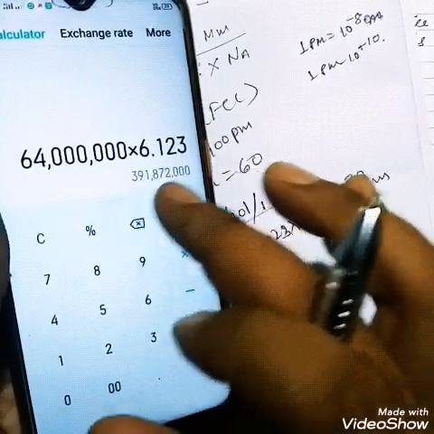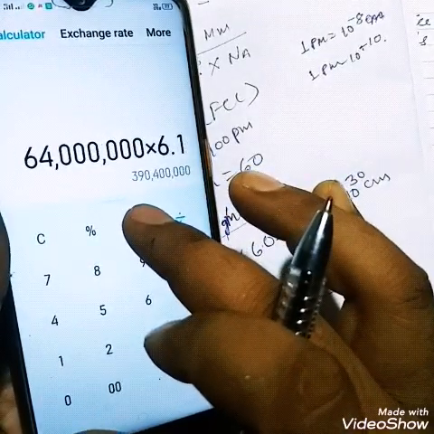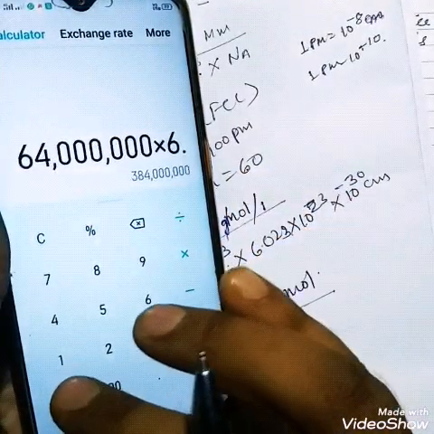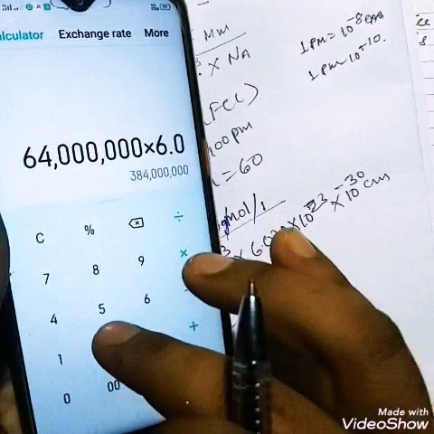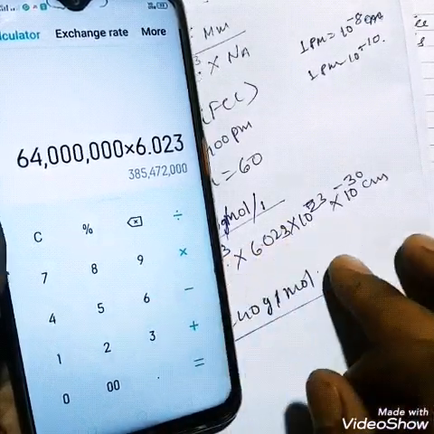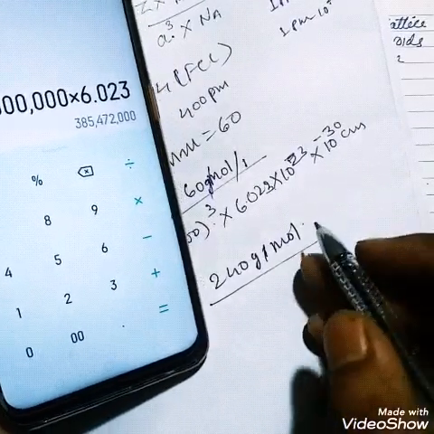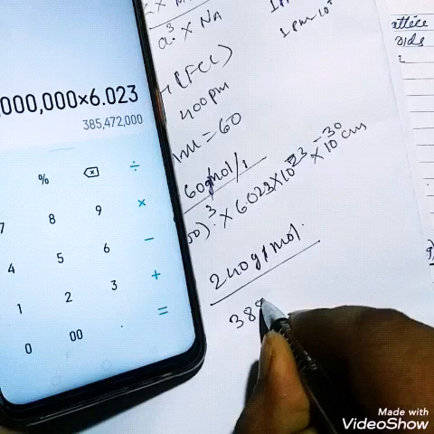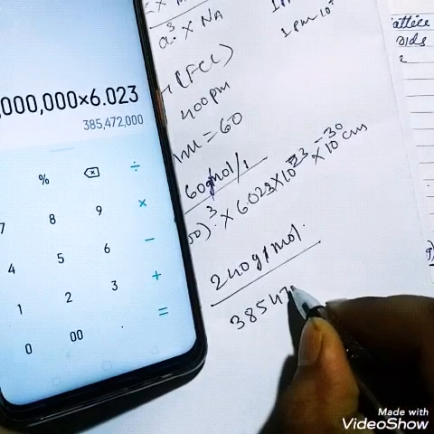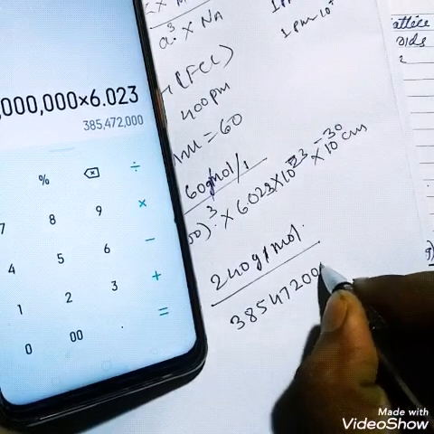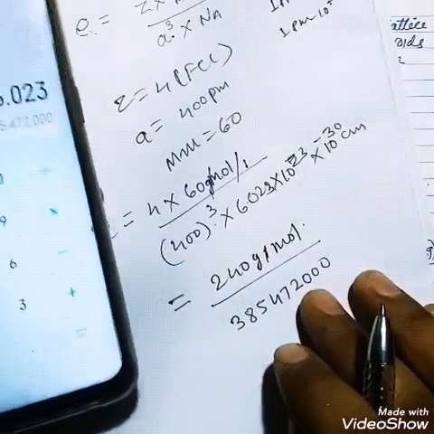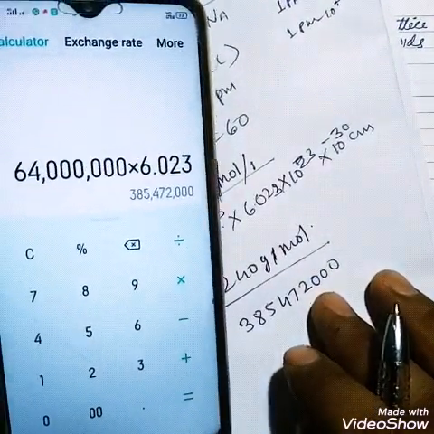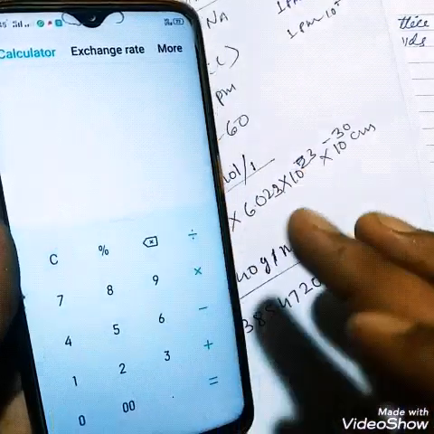Here it is some mistake value, 6.023. So what is the value? The value is 385472000.